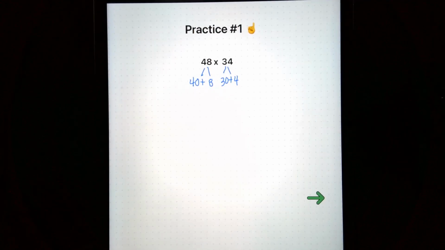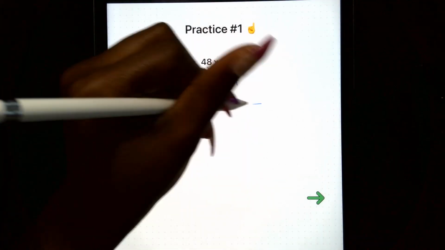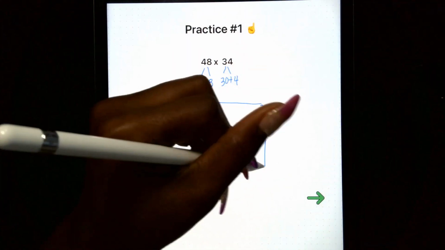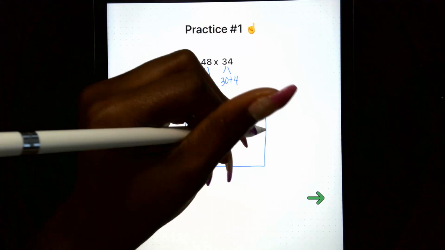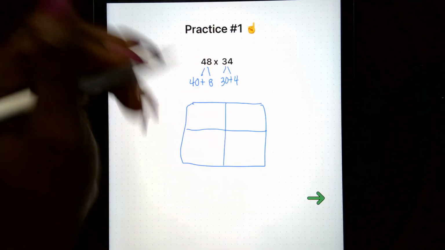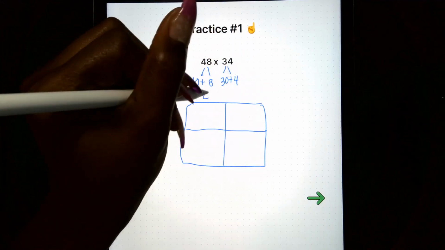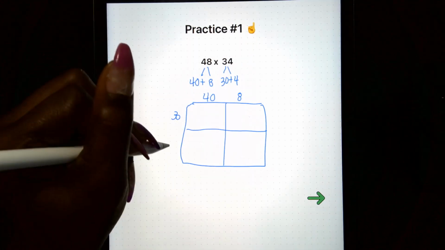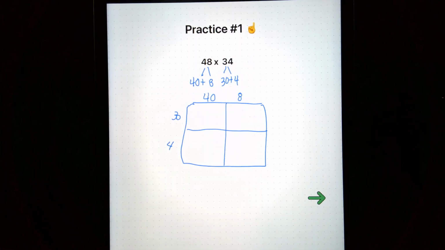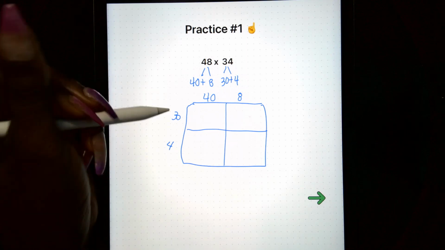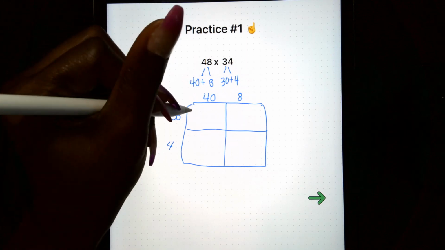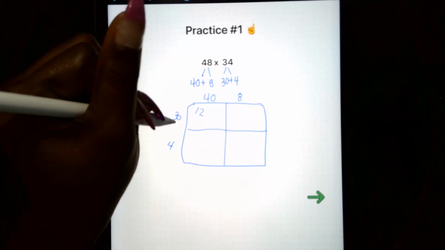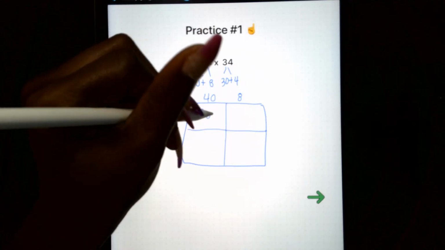Now we know we need 4 boxes total, 2 by 2. Now we can start to multiply. 3 times 4, that gives me 12, plus 1, 2 zeros.